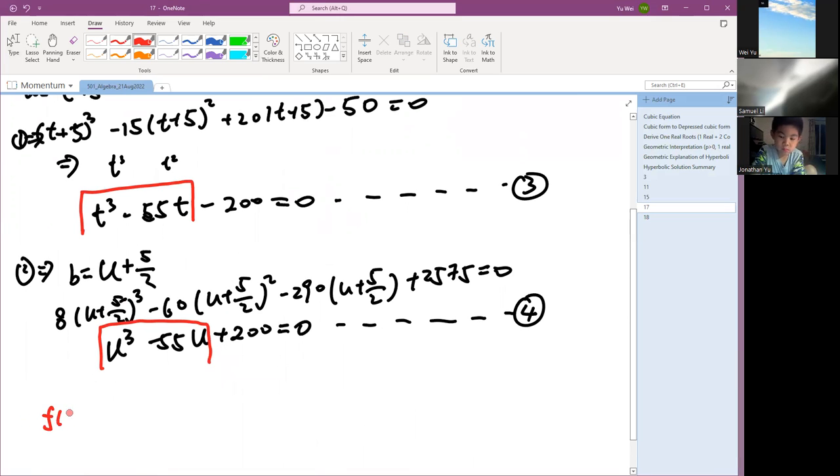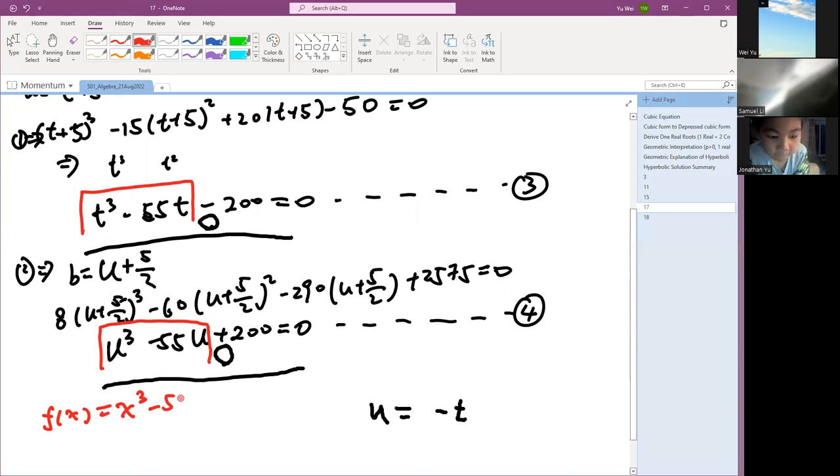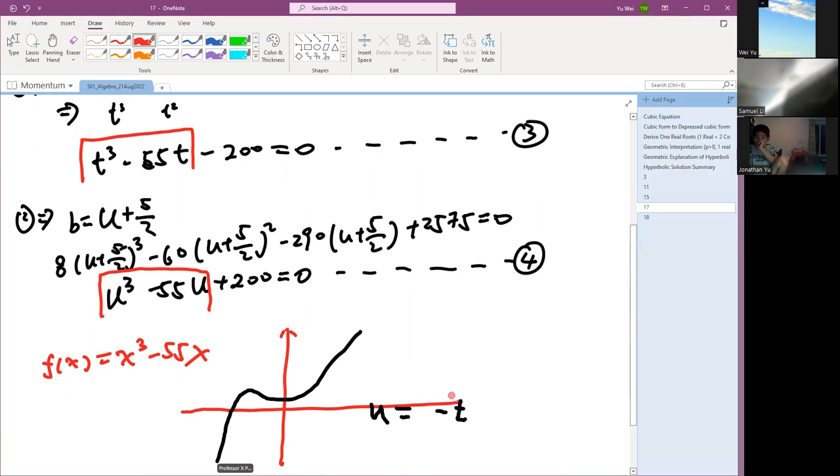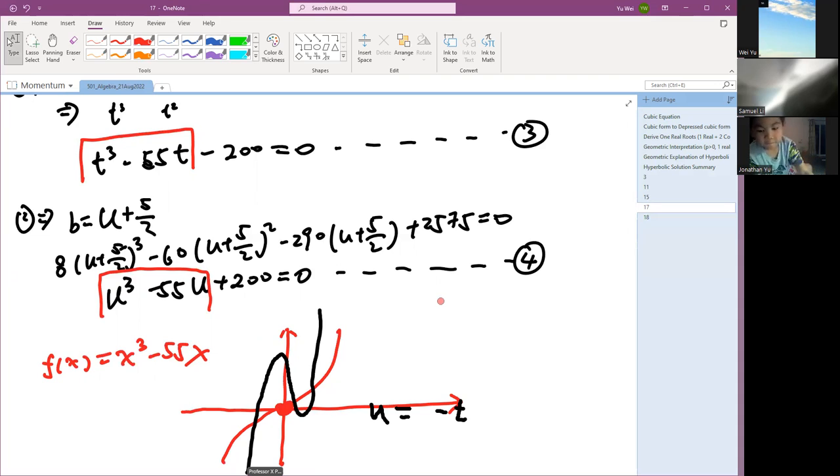So if f(x) equals x cubed minus 55x, what does this function look like? Is this an odd function or an even function? Where is the symmetry? Odd function. It's symmetric at 0, right?